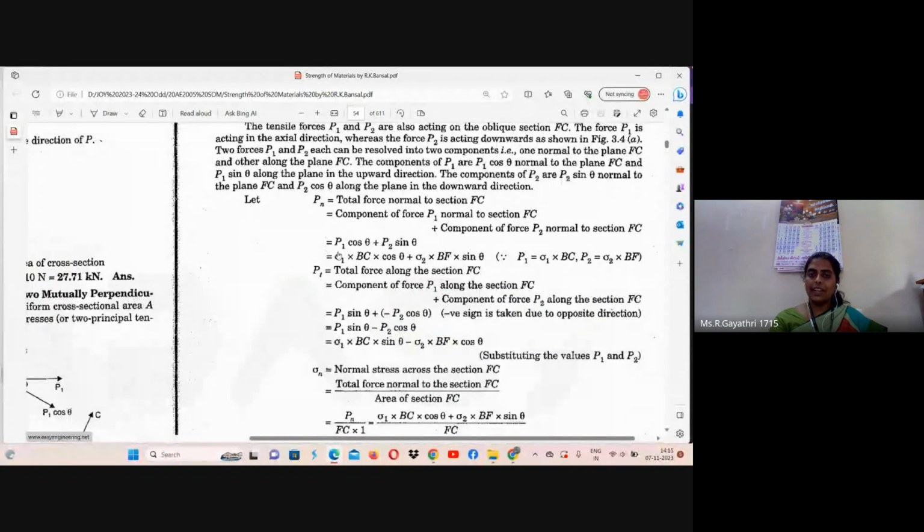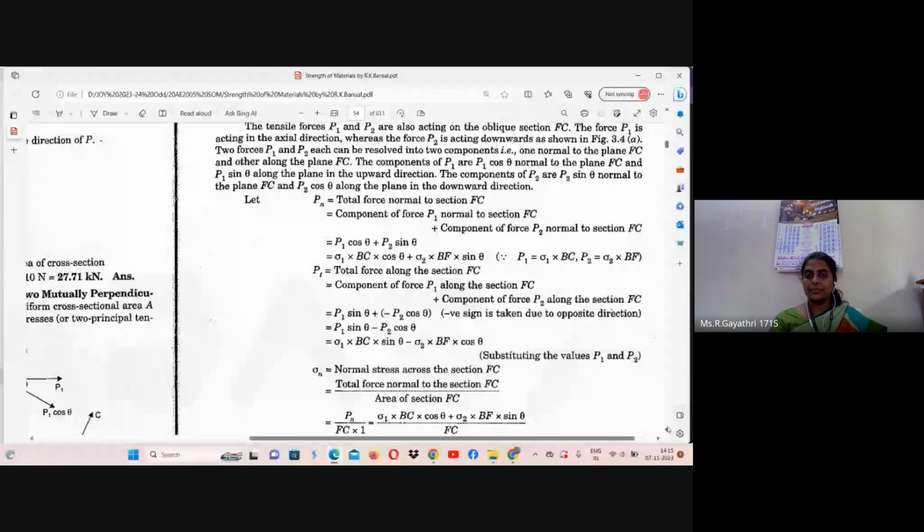We know P1 value in terms of stress and cross-sectional area. P1 becomes sigma 1 into BC. P2 becomes sigma 2 into BF or FB. So now we have written Pn in terms of stress and cross-sectional area and included angle.